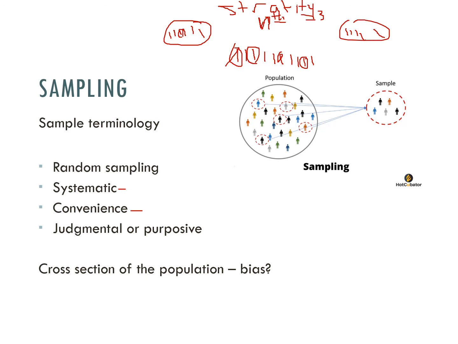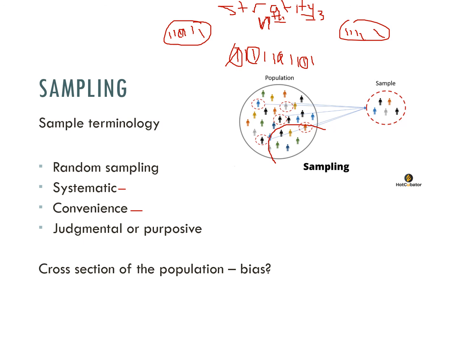Stratified, systematic sampling. Convenience sampling is where I have a population, but I have access to only a portion of that population. So maybe all of the people who come in to the dental clinic are the people that I have access to here in the San Antonio area.